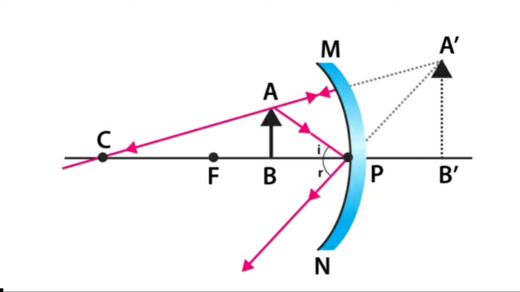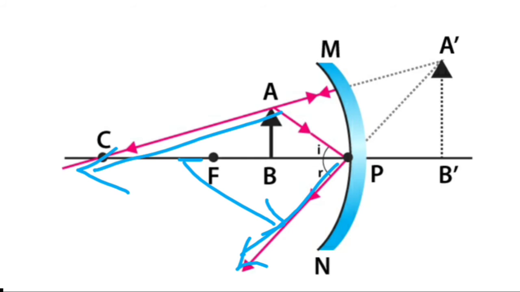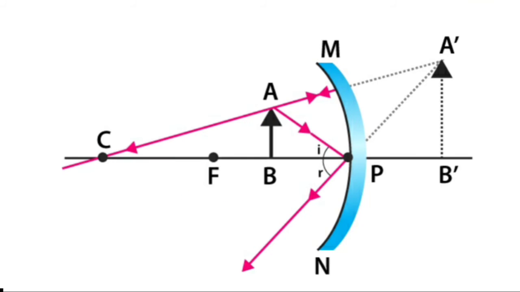And the second ray is reflecting and bouncing back in the direction of focus. Now you can see that they are diverging, they are going away from each other, is it not? So it is not possible that they will meet at infinity.